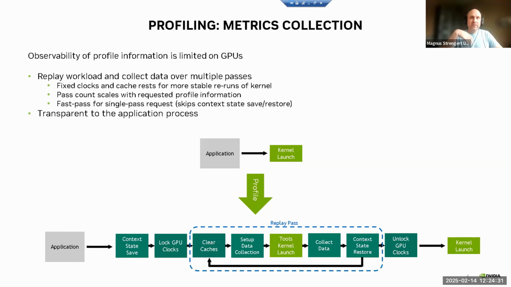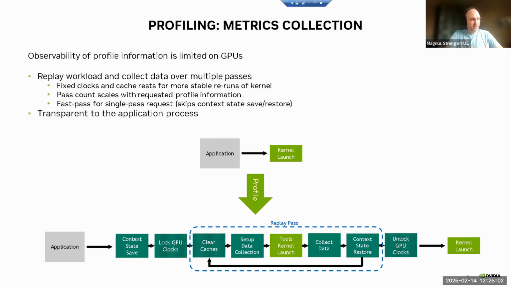Then transparently under the hood, when your application launches one kernel, we do the sequence that you see at the bottom of the slide that guarantees that we can replay this kernel and get consistent data every time we profile. Your kernel should run every time as close as possible to the same as we can make it. Every time we run it, we collect different profile data, and in the end, we present the concise data of all these passes.